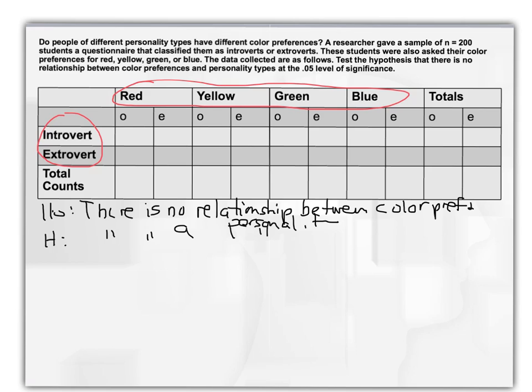We have a critical chi-square value that we need to exceed. And that chi-square value has degrees of freedom.